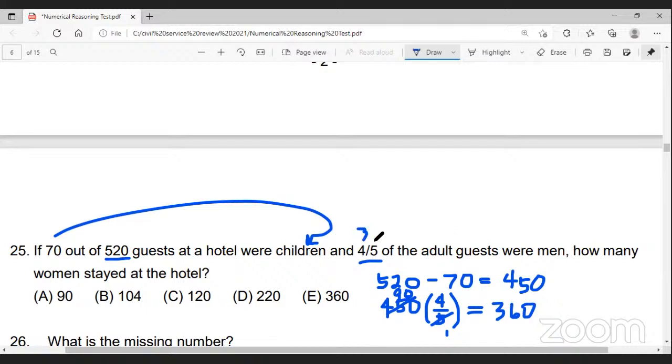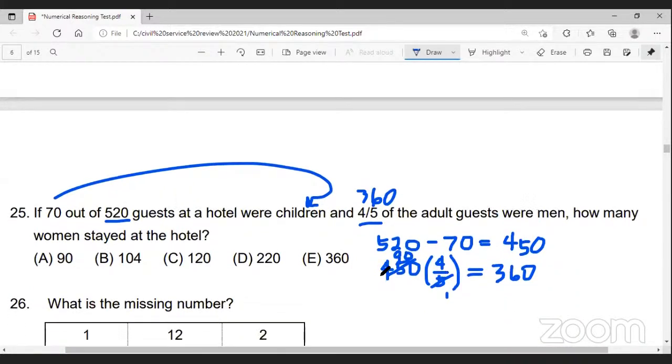360 men, 70 children, but let's go back to 450 remaining. If there are 360 men among this 450, we have women. Agree?